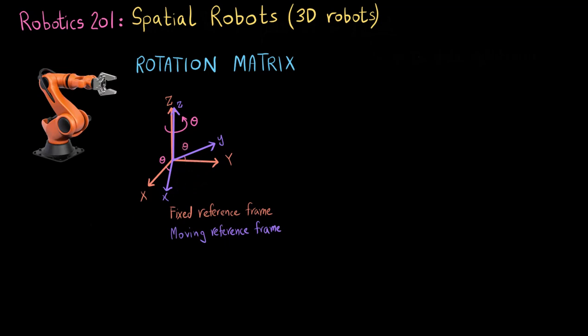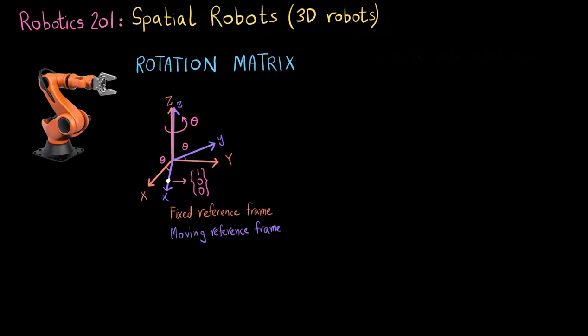Now let's say I have a point which is marked on my moving reference frame. And let's say that this point is 1 unit in x, so its coordinates would be 1 in x, 0 and 0 in y and z. And now the rotation matrix is a matrix which, when multiplied to this point, would give its coordinates in the fixed reference frame.